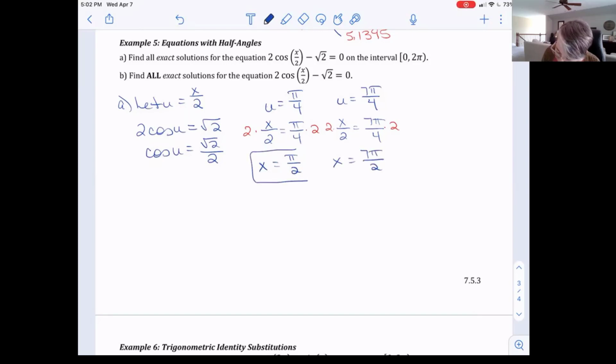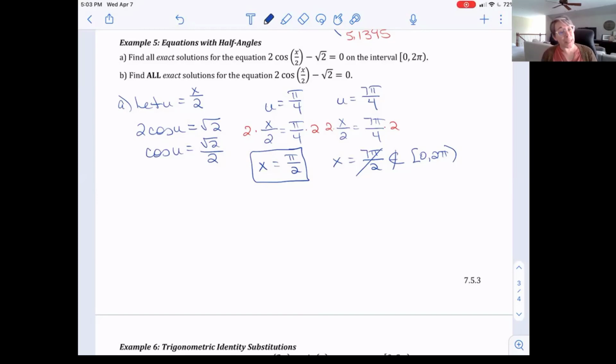Well, this is definitely within our interval 0 to 2 pi, but this guy here is not in our interval between 0 and 2 pi. So that guy's not going to work in part A. So when you substitute back in, be sure that you're solving just for the variable and not for still that variable divided by 2 or multiplied by 3.